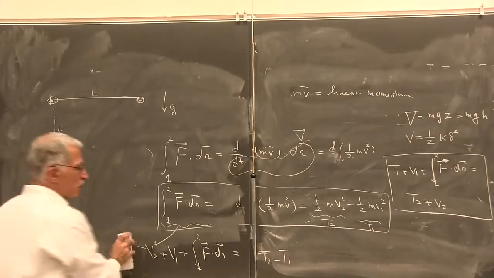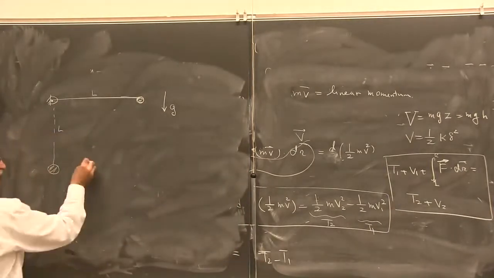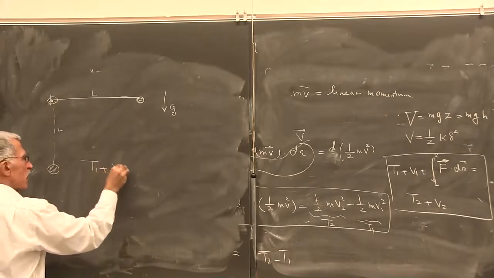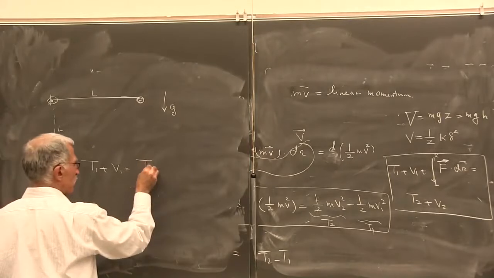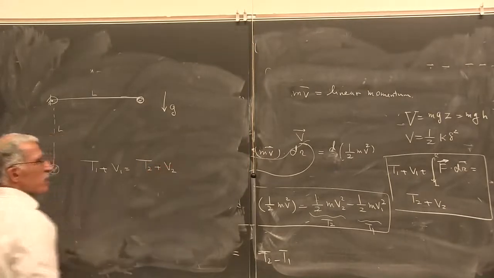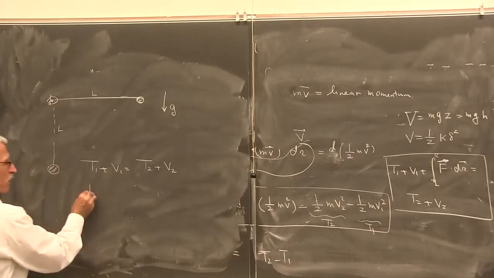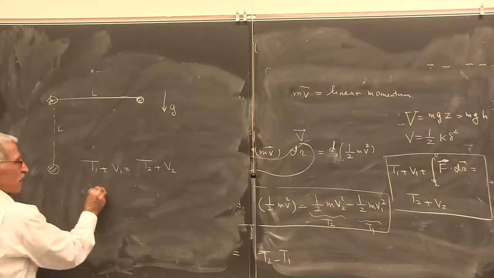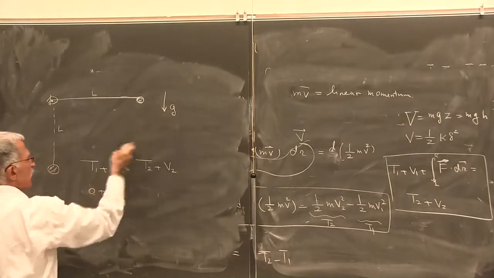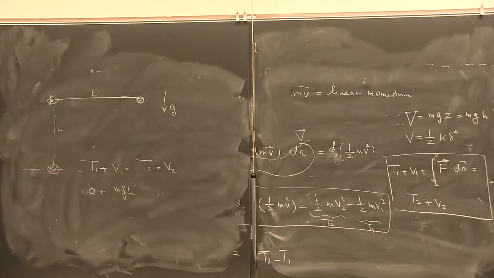So I simply use the concept of energy, and I can say T1 plus V1, and I do not have any non-conservative forces, must be equal to T2 plus V2. T1 is equal to 0 at stage 1. V1 at stage 1 is mg times L, with respect to this reference line.